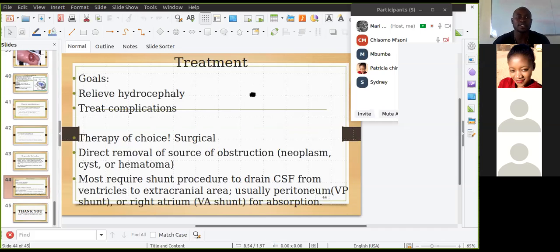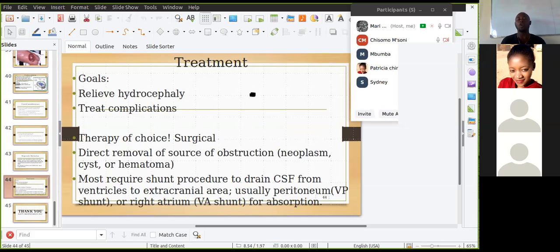Management of hydrocephalus: the goal is basically to relieve the hydrocephalus and also treat the complications. The therapy of choice is the direct removal of the source of obstruction, which can also be a cyst.